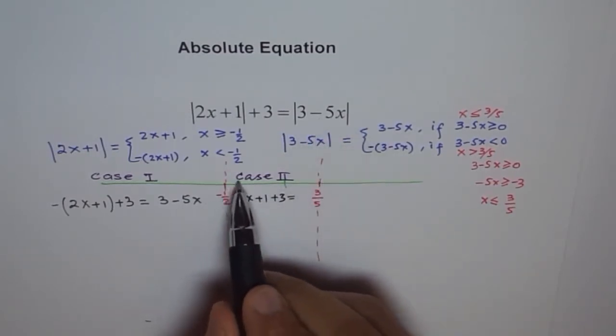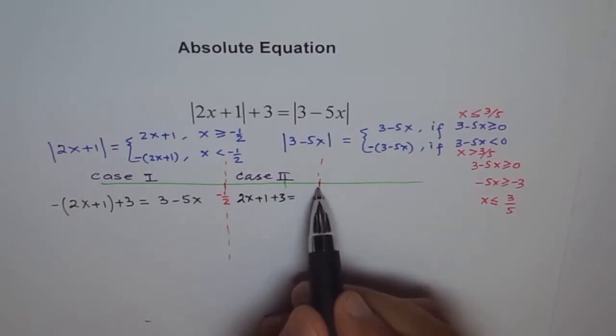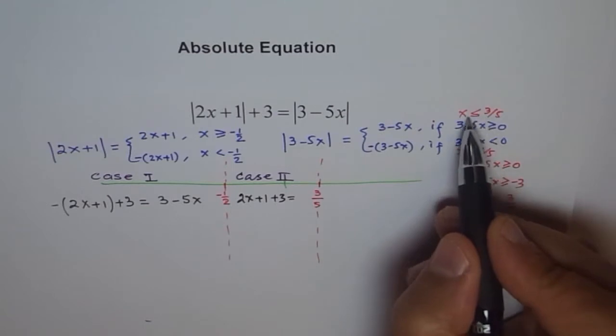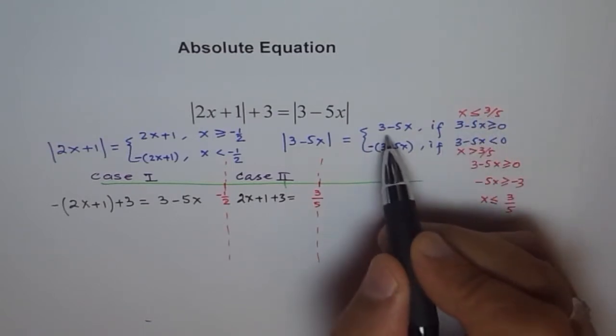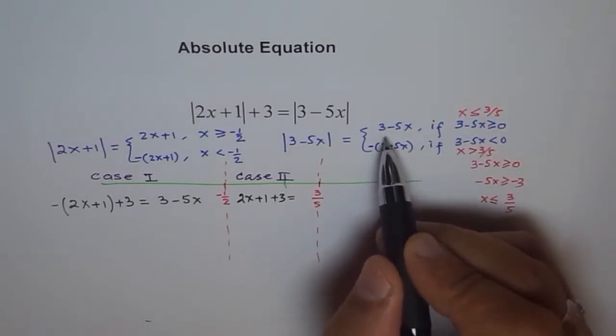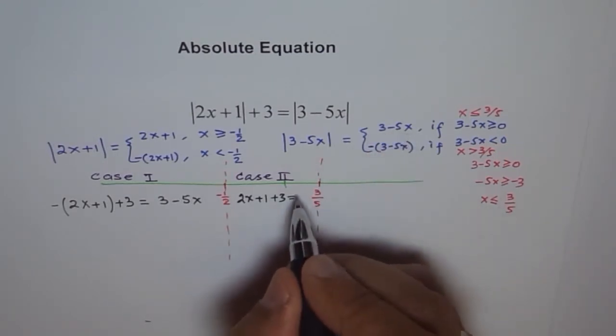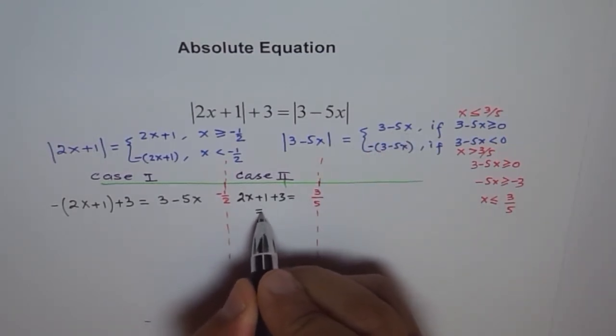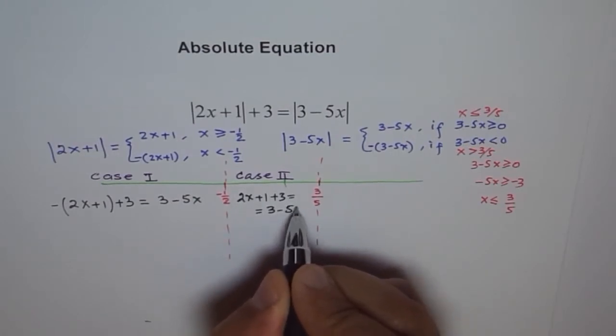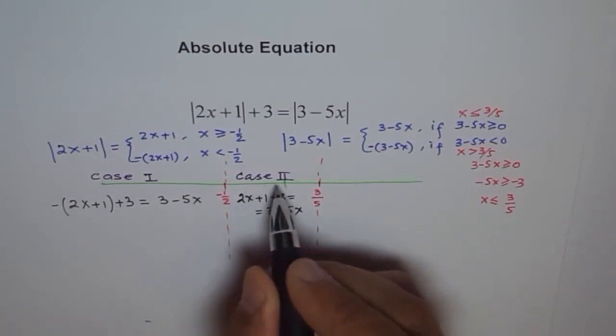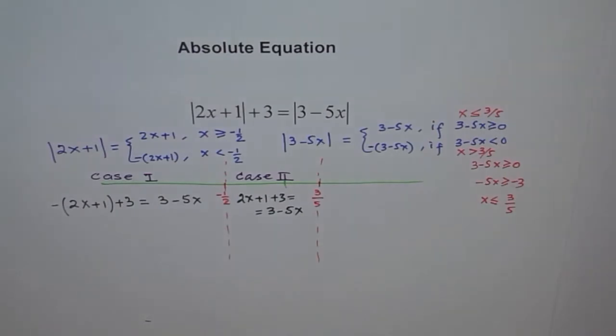We are on the right side of this, but on the left side of 3 by 5, so less than 3 by 5. When we are less than 3 by 5, in that case we are taking this as positive, okay? So this is equal to 3 minus 5x. So this is the equation we have to solve in case 2, right? And how about case 3?